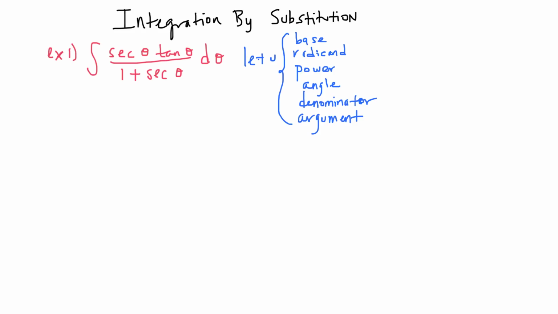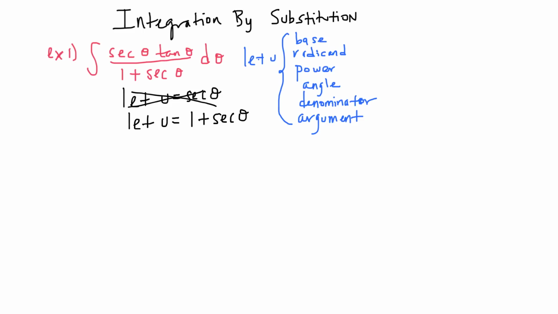And so I start thinking about the derivative. What is the derivative of secant theta? Well, if I choose u as secant theta, the derivative is secant tangent, and I see it exactly there. So I could be tempted to say let u be secant theta, but if I do that, I will get nowhere with this problem, because what I should do instead is let u be equal to the entire denominator, 1 plus secant theta.